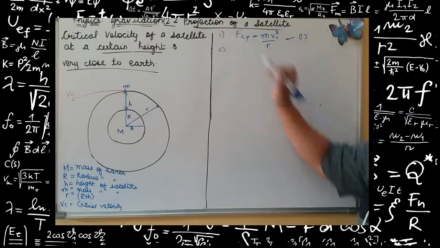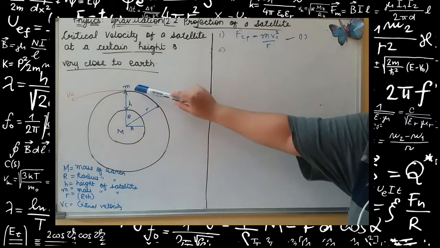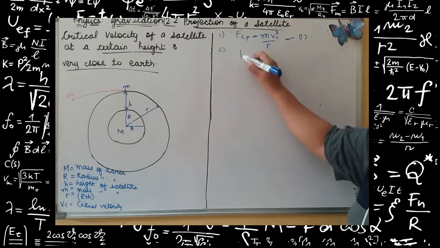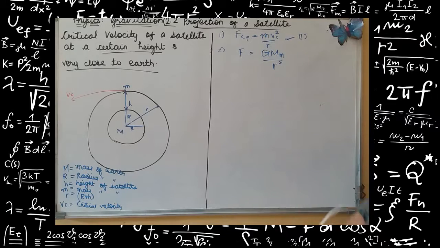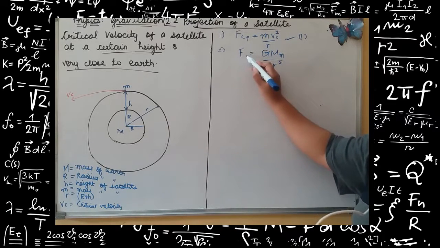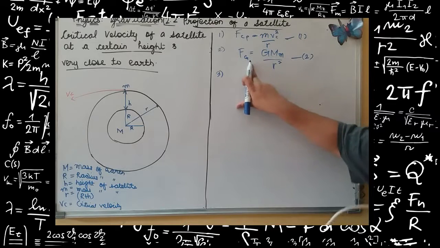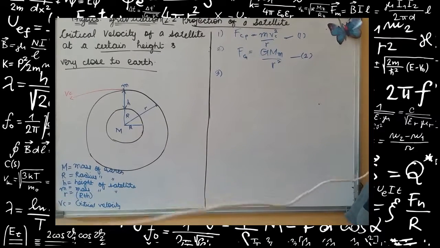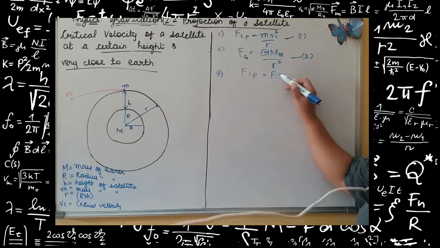Second, there is some existing gravitational force between the satellite and earth, which would be F is equal to G M m upon r square. Since we are taking gravitational force, F_g, let us take it as equation number 2. But here gravitational force provides the centripetal force necessary for the circular motion of the satellite, so we will equate both the equations. F_cp is equal to F_g.